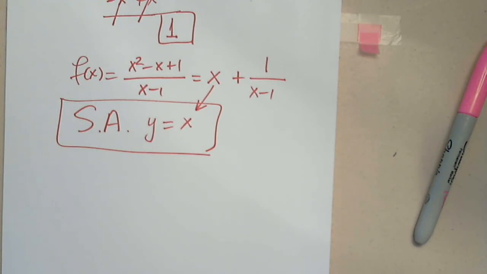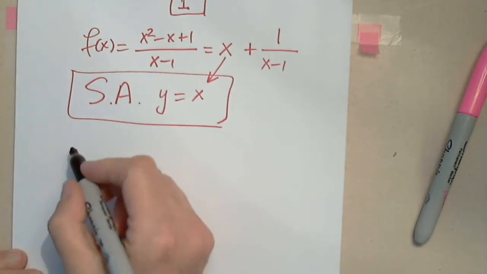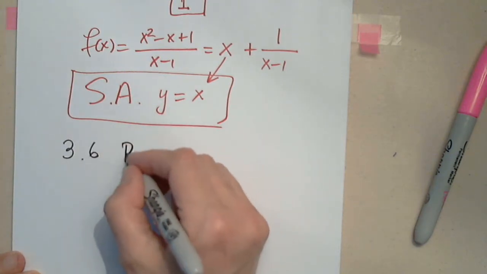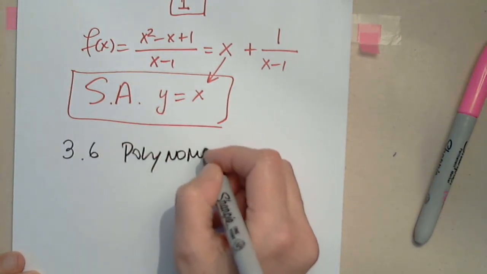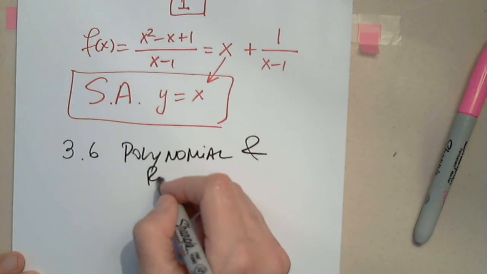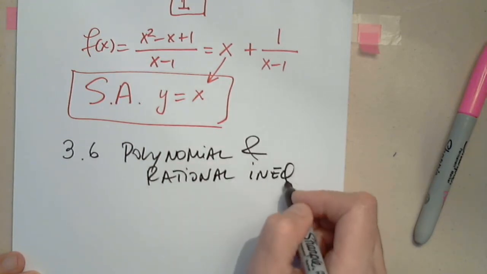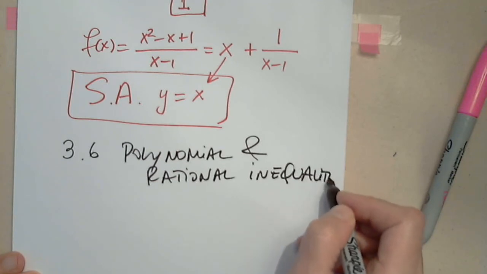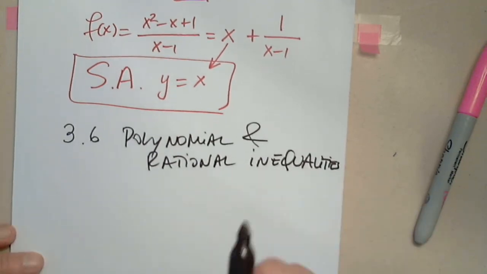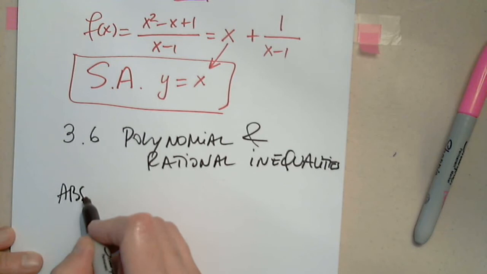The final section of this chapter, 3.6, is about polynomial and rational inequalities, how we solve those. We know how to solve absolute value.